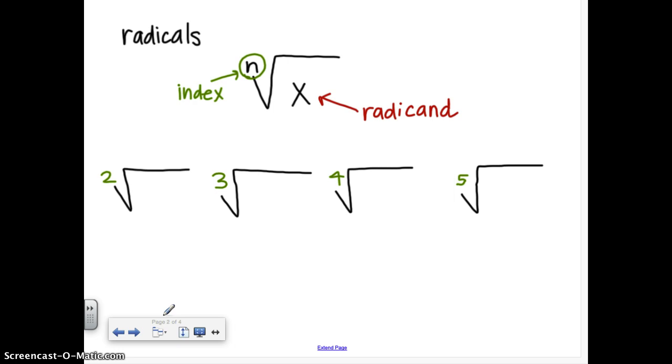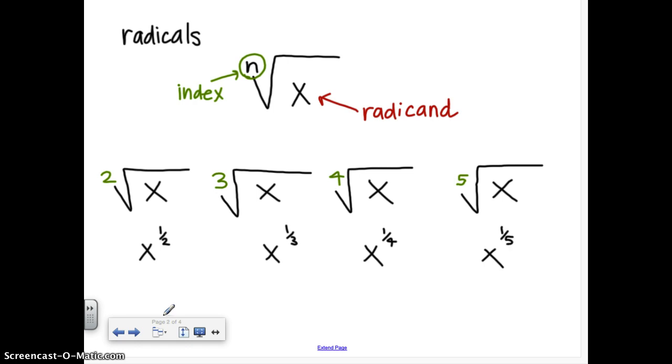Now, what's really cool is you can also write some of these in a little bit different way. Let's say I put an x under each of these to make it easier to talk about. The square root of x can also be written as x to the 1/2. The cube root is x to the 1/3. x to the 1/4, x to the 1/5.